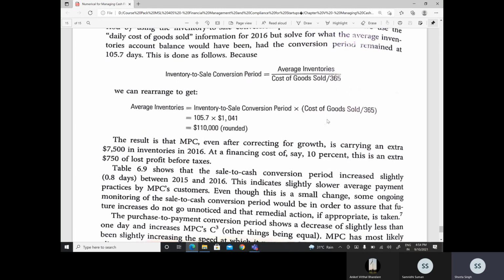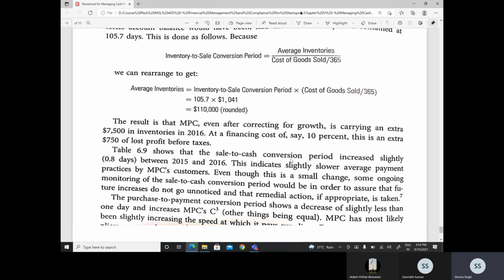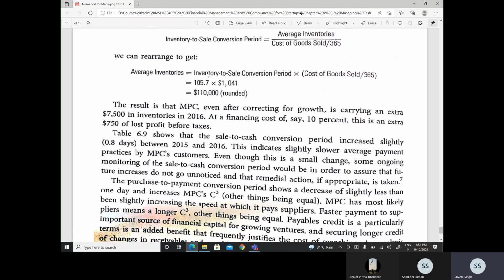We have inventory to sale conversion period of average inventories upon COGS divided by 365. So this we can rearrange to get the average inventories. If the inventory to sale conversion period was at 105.7, into COGS divided by 365, that is 1041. So from this we can get the average inventories of $110,000 as well.